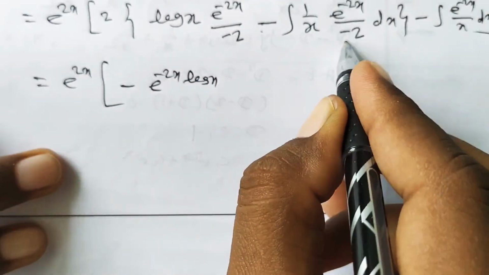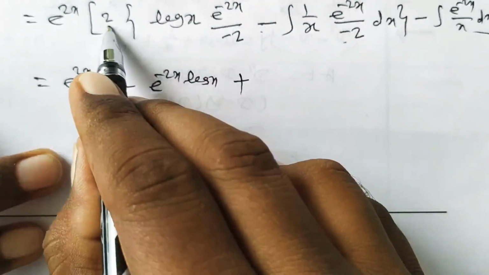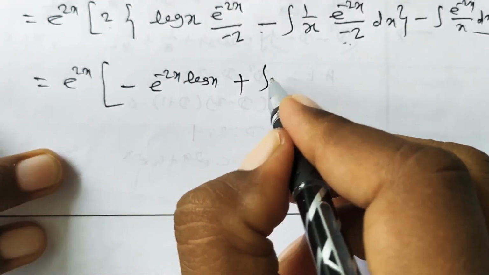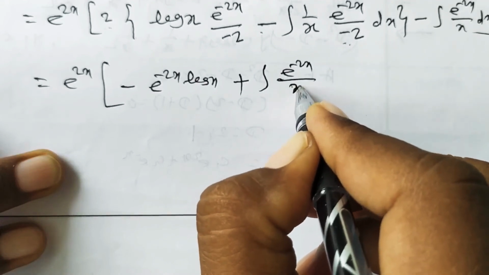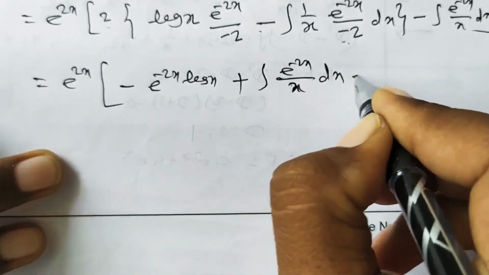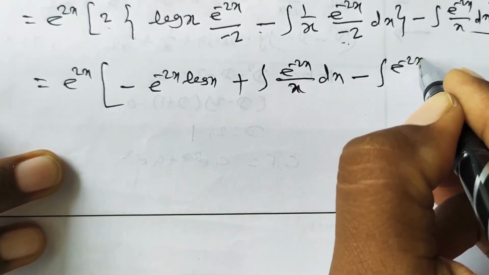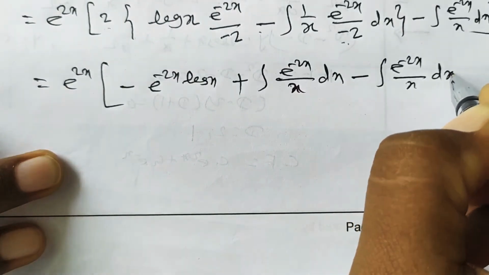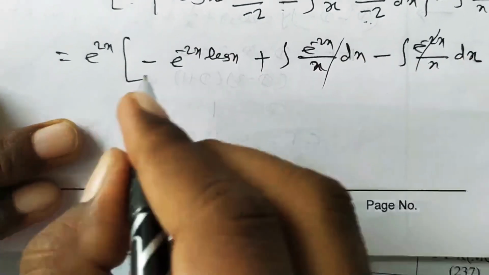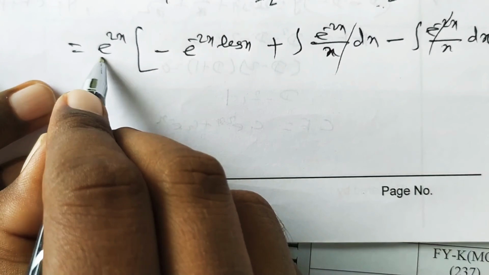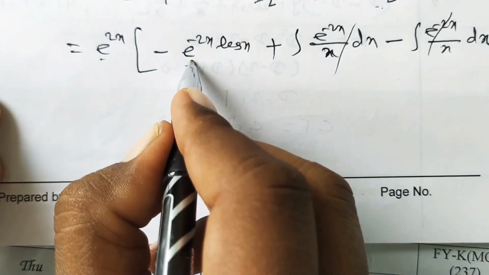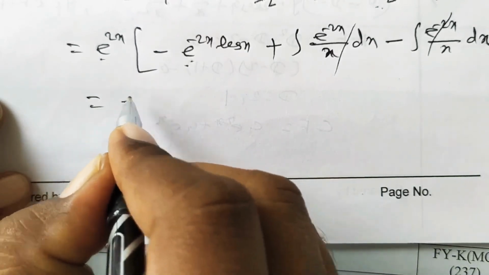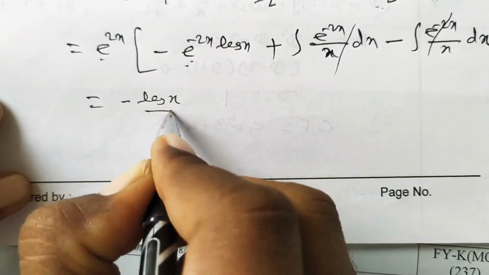Okay, this minus plus, and these two again get cancelled, integration of e raised to minus 2x upon x into dx, and this minus integration of e raised to minus 2x upon x into dx. So this gets cancelled, and if you multiply this e raised to 2x inside the bracket, then e raised to 2x into e raised to minus 2x is e raised to 0, and e raised to 0 is 1. So the remaining term is only minus log x.